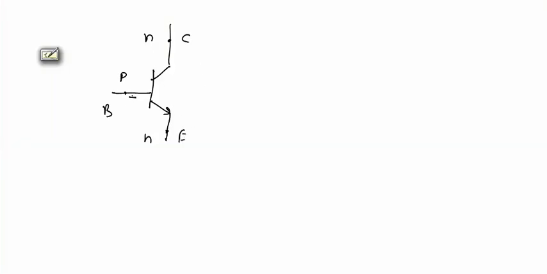Between this base and emitter terminals, the voltage drop will be denoted by VBE, base to emitter voltage, while the voltage drop between this collector and base terminal will be denoted by VCB, and the voltage drop across these terminals will be denoted by VCE. These are the terminal voltages of BJT.